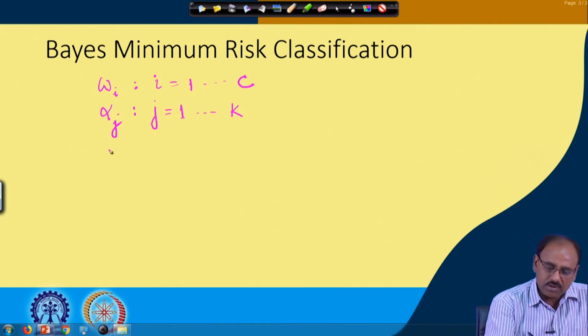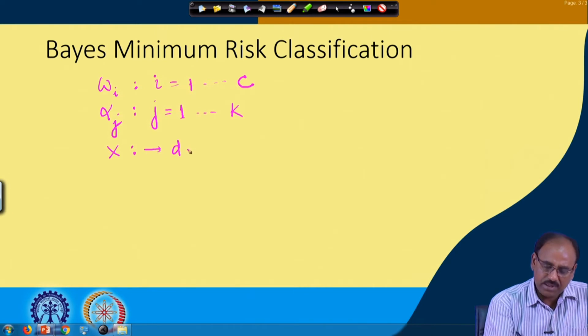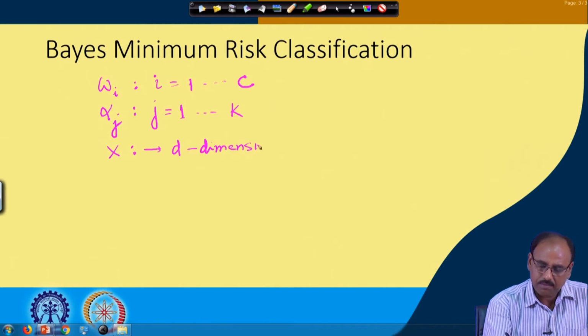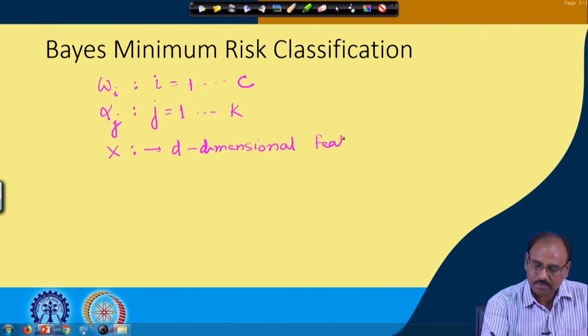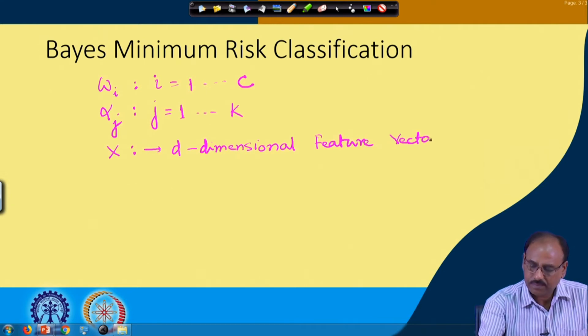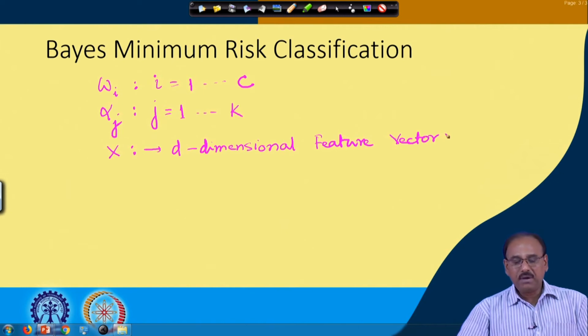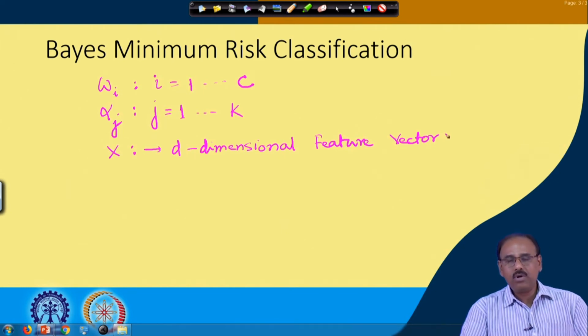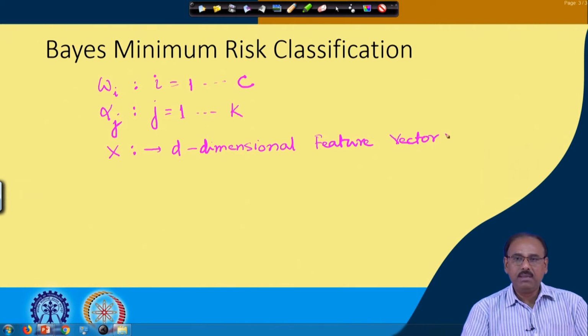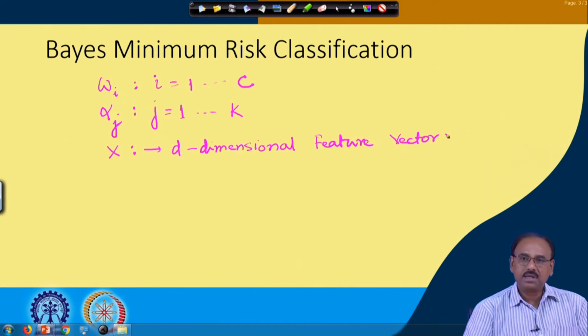As before, I consider the feature x to be a d-dimensional feature vector. But what makes the Bayes minimum risk classifier more general than the Bayes minimum error classifier is the introduction of a loss function.